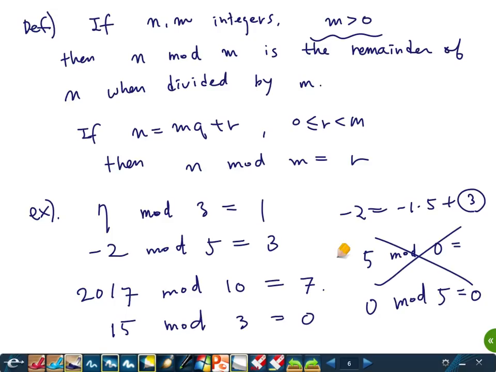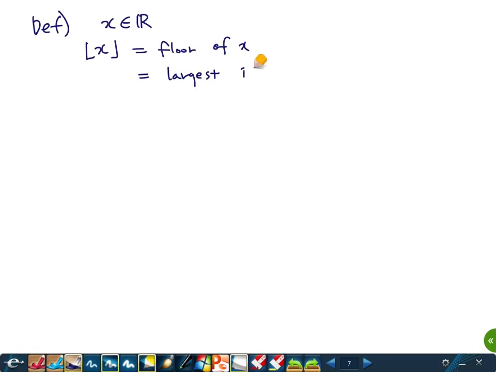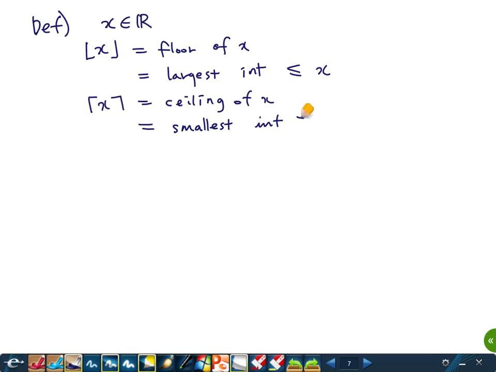And we will define more functions. This is the floor. We read this as floor of x, and it's the largest integer less than or equal to x. And similarly, this is the ceiling of x, and is defined to be the smallest integer greater than or equal to x.